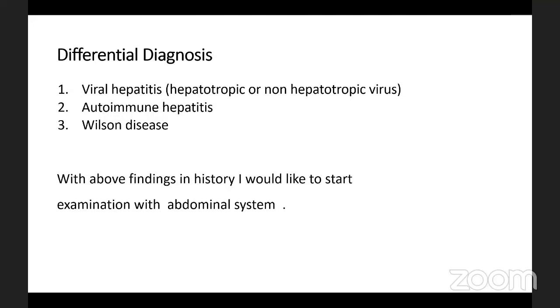Yes, sir. Okay, go ahead. So from the above findings in the history, I would like to start examining with the abdominal examination. Proceed with the examination.